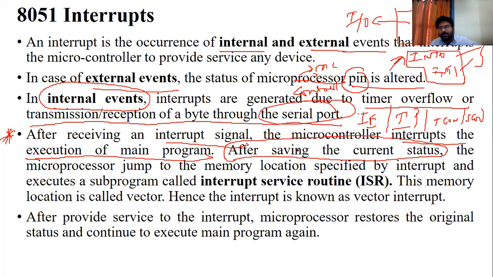So it must save the current position where the program was executing. It may be executing a logical instruction or step 1, step 2, step 3, or whatever. So it goes back to that current position. That's why, in both microprocessor and microcontroller, the same process happens: both save the current status.